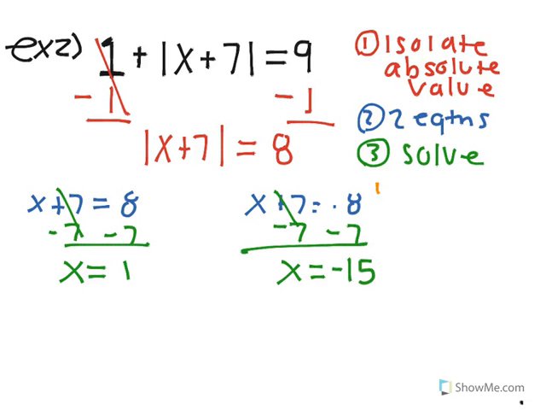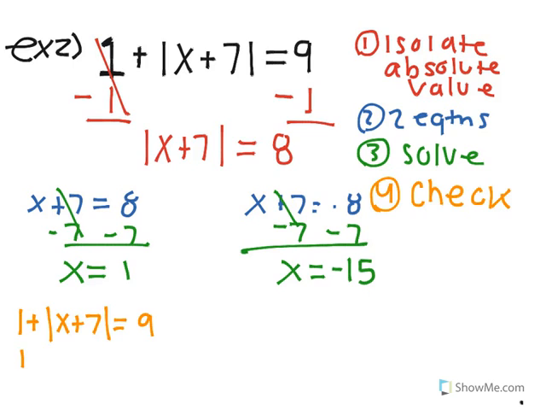And the step 4 is to check. So we have 1 plus the absolute value of x plus 7 is equal to 9. It's going to be 1 plus the absolute value of, oops, I forgot to substitute my 1 there.